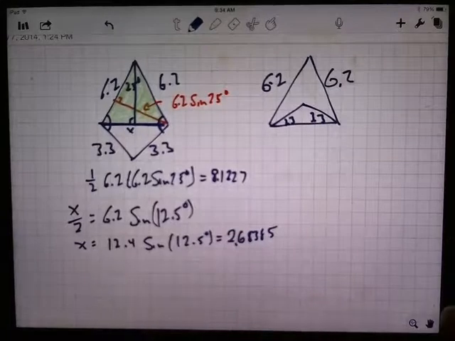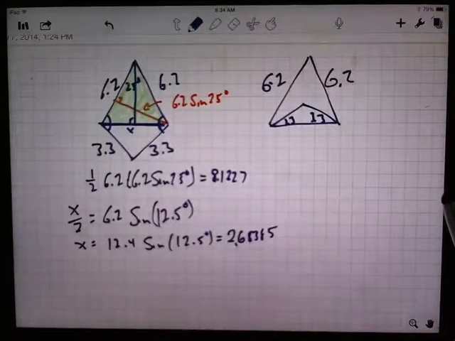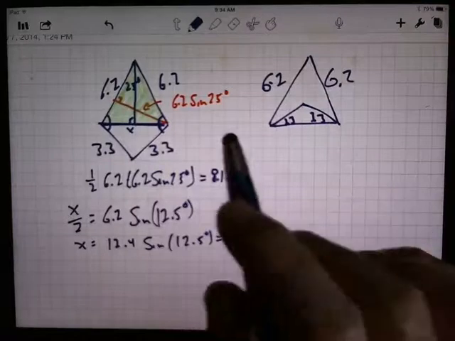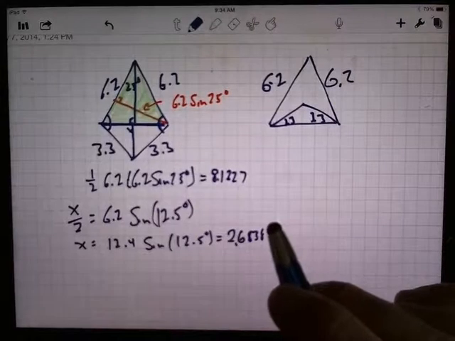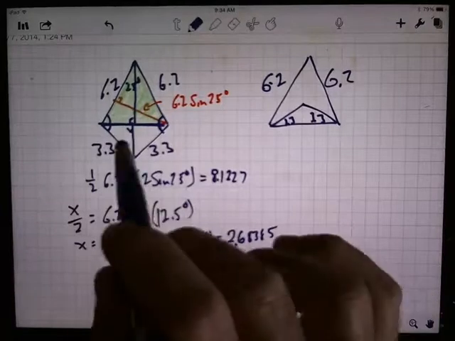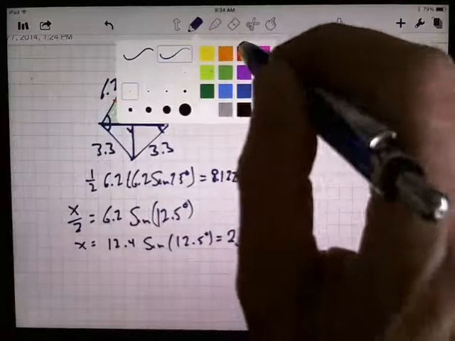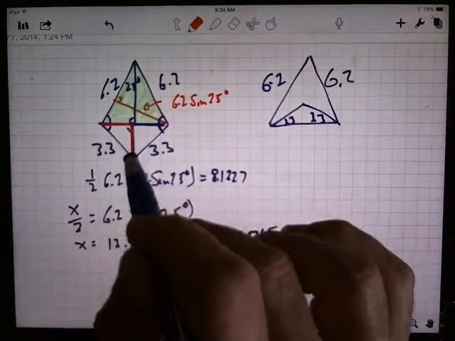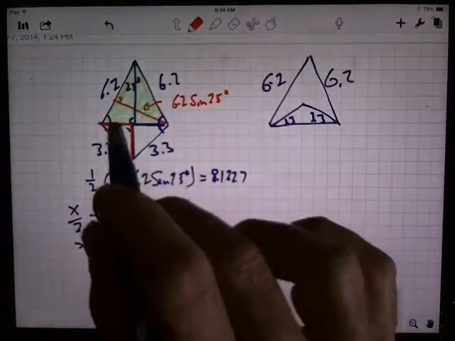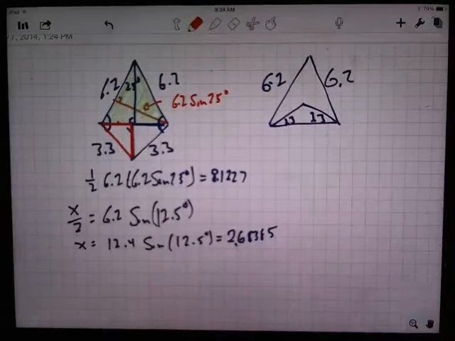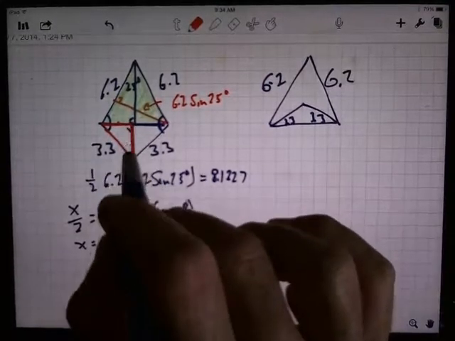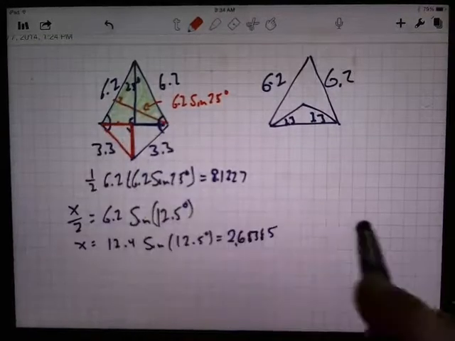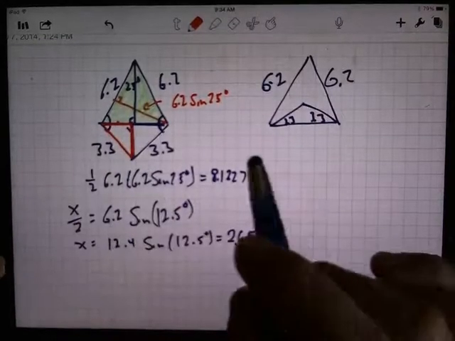Oh goodness, there are all sorts of ways we could do this. I think probably the slickest thing to do is again to drop a perpendicular here and then use just half of x. I'm going to look at this triangle here, and if I know half of x and I know the hypotenuse, I can find that other side without even finding angles. And that other side I can use as a height for the x going across, base times height times a half. Okay, so that's my plan here.